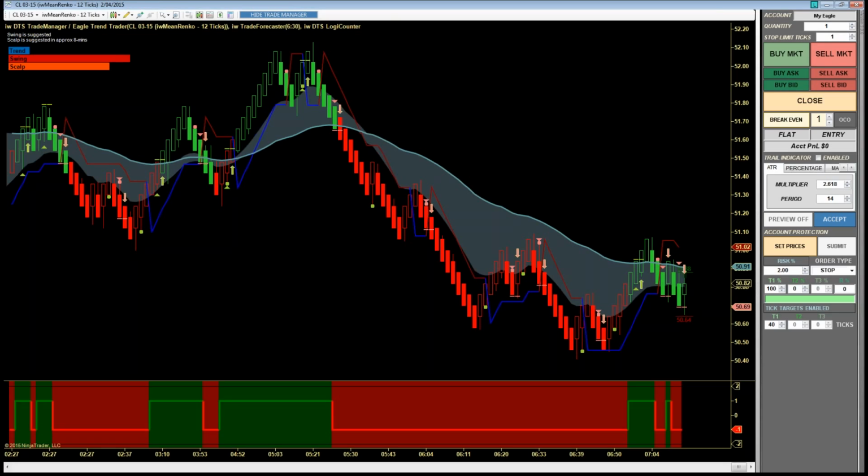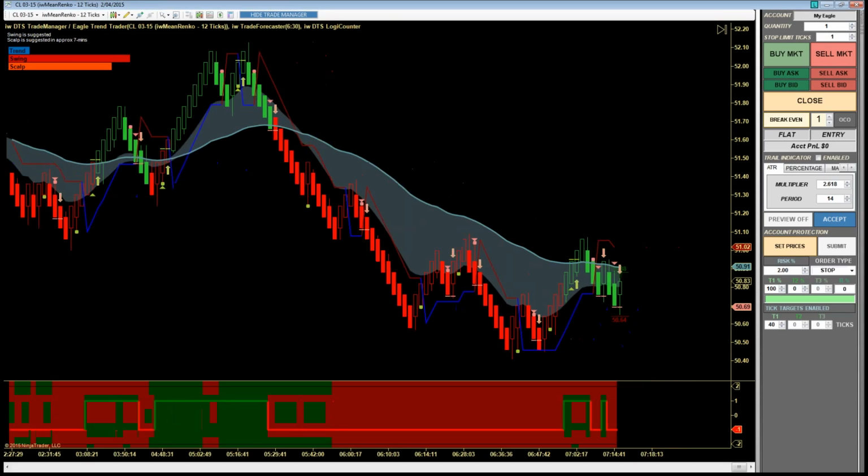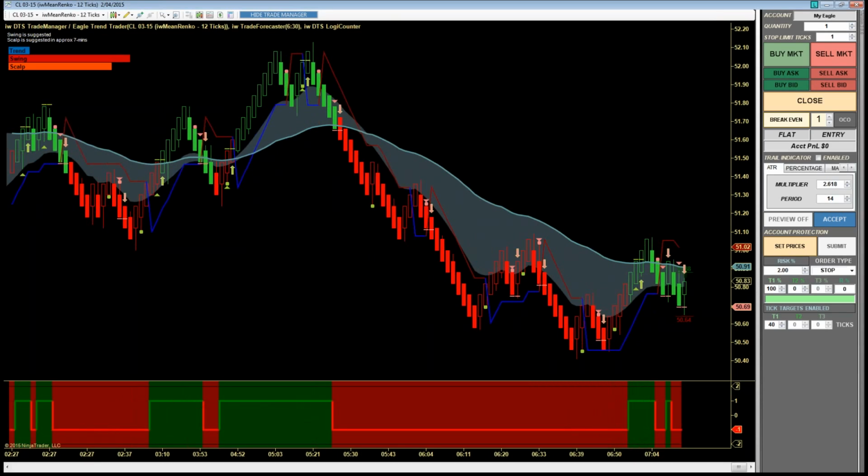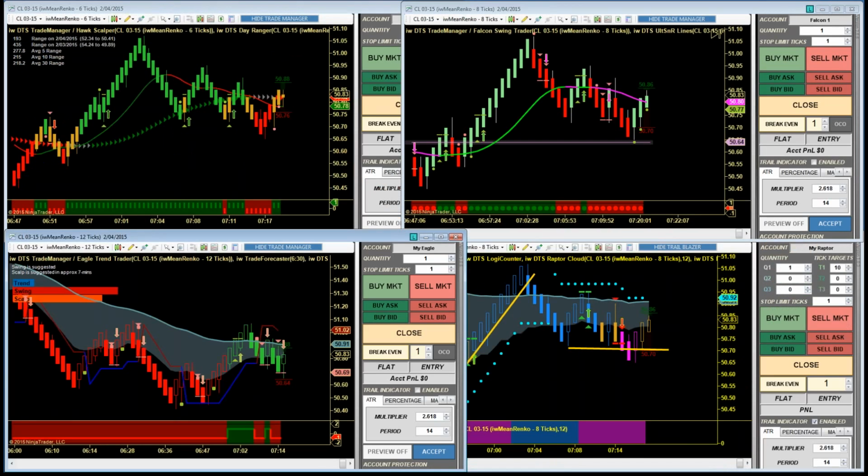So whereas a weatherman will look at wind speeds and barometric pressures and cloud formations and humidity and those types of things to say today is going to be sunny or today it's going to rain or snow, Trade Forecaster does a similar thing, and it looks at the market environments and says, okay, right now we have mostly a swing environment, and it should stay a swing environment for about another 8 minutes, after which it's going to go into a scalp mode. So it's a great confirmation tool in that respect, and fortunately it is more reliable than the weatherman.